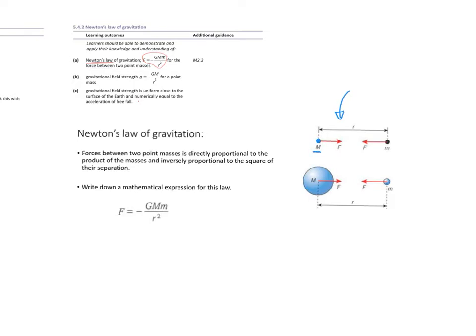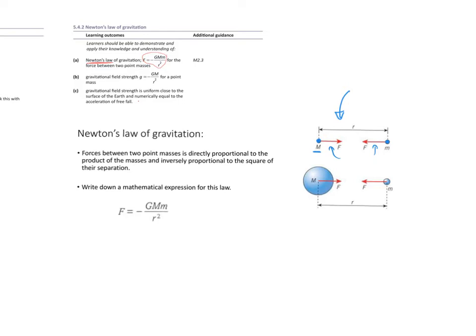So big M attracts small m, so this force here is that attraction, and then small m attracts big M, and you can see this force as well. This is because of Newton's third law. An object will experience a force, and the other object will experience an equal and opposite direction force. So action, reaction, remember that, Newton's third law.